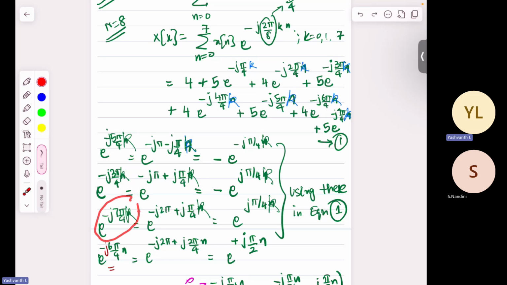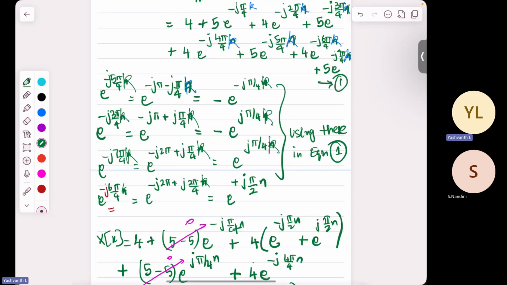Similarly, you can write e power minus j 7 pi by 4 k as e power minus j 2 pi plus j pi by 4 k, but e power minus j 2 pi is equal to 1. Therefore, it is 1 into e power plus j pi by 4 k. Similarly, e power minus j 6 pi by 4 k is equal to e power minus j 2 pi plus j 2 pi by 4 into k, which is nothing but e power plus j pi by 2 k.